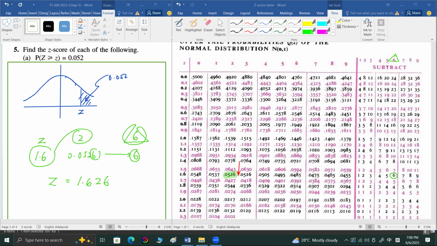We subtracted, now you put it back. After you get this already, we put it back. Remember, just now I got this value, then I subtracted one, and now I put it back. So this is how I get Z is 1.6 to 6. Is it okay? Can follow? Any question to ask?